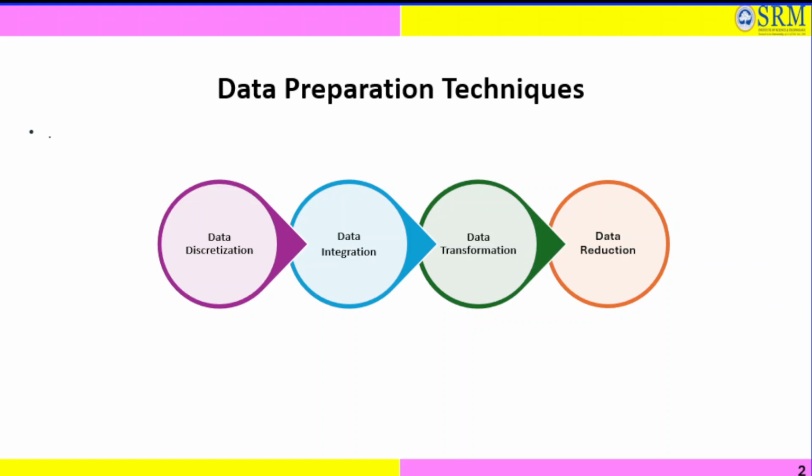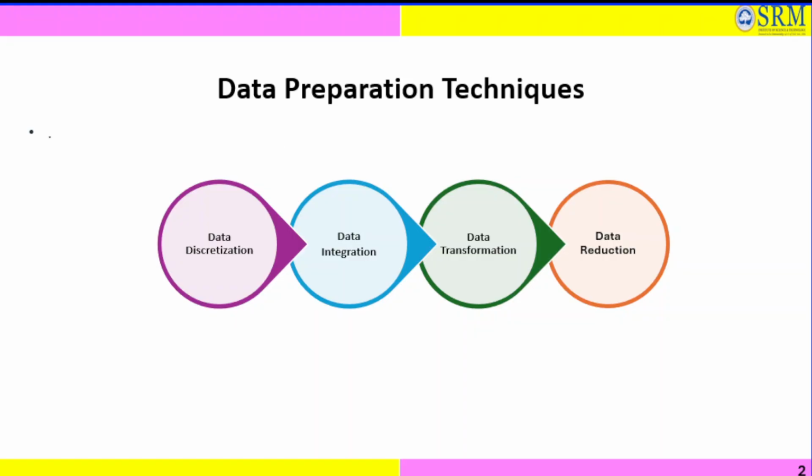So if data is collected from multiple sources, it needs to be integrated into a unified format. Then comes data transformation. You are going to transform the data to a suitable format so that the machine learning algorithms can use it, like normalization, standardization, or feature engineering. Then data reduction. Some models cannot process huge data.